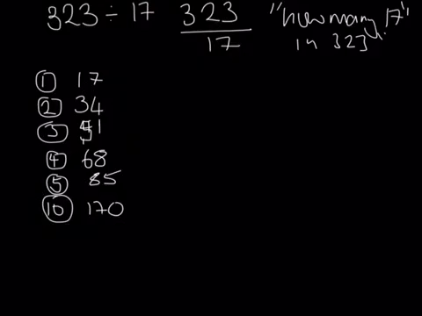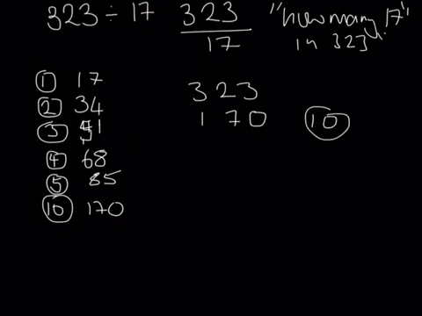So, we're working out how many 17s in 323. So let's write down our 323. And how many 17s can we get in there? Well, the biggest number I've got at the minute is 170. So I know 170 will go in there. And that was 10 lots. So 10 lots of 17s, 170.